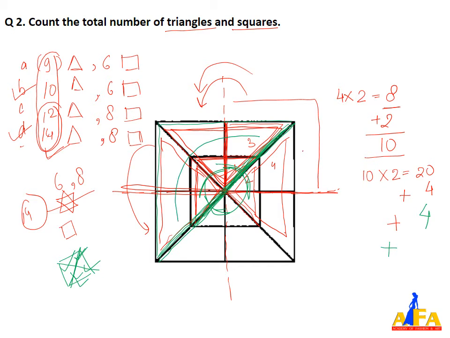So this is also forming a triangle, combining these two bigger triangles, and this is also forming a triangle. Similarly this is also a diagonal, so one triangle will be formed here and one triangle will be formed here too. So we will add 4 more. Okay, so 24, 28 and 32. So the total number of triangles is 32. Okay, I think you all have understood this.